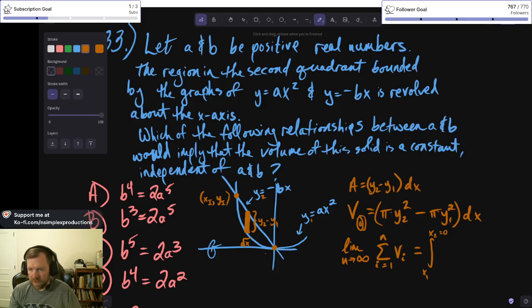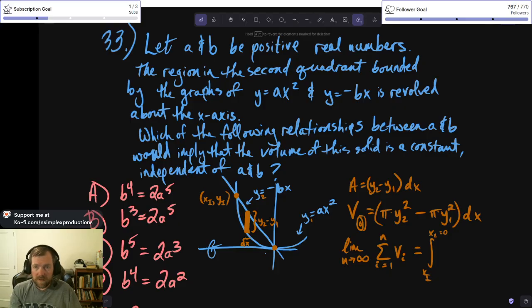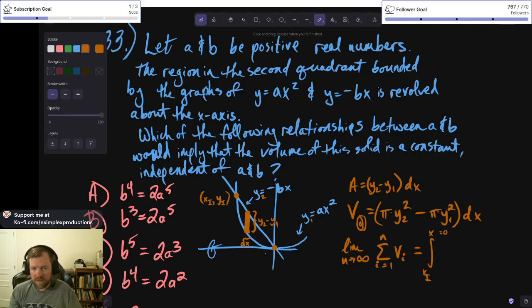Sure, we use capital I for intersection, and then x final, y final. Sure, why not? As it turns out, that's just 0, 0.